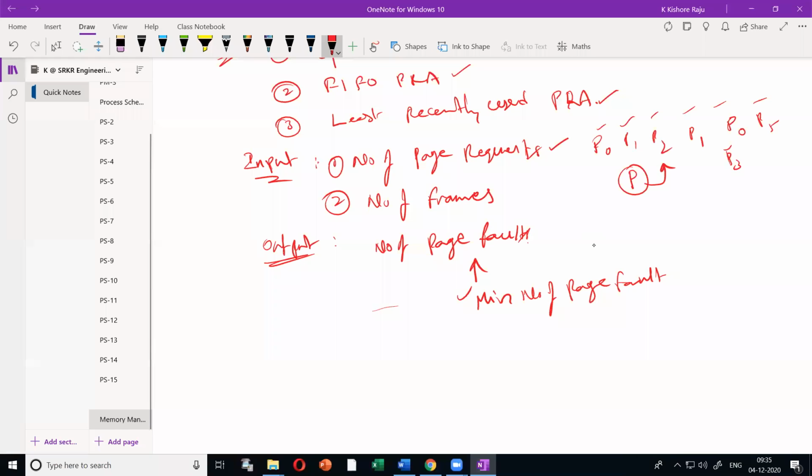Is it clear? So all these pages in the process have to use maybe 3 frames, 4 frames, or 10 frames. It has to utilize the available frames. By utilizing the available frames, it has to make the pages available to execute.